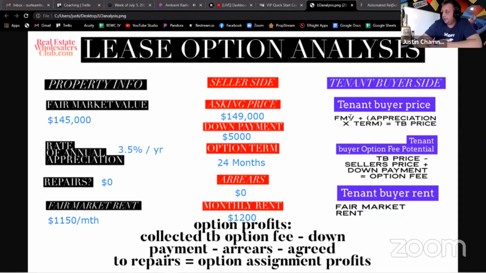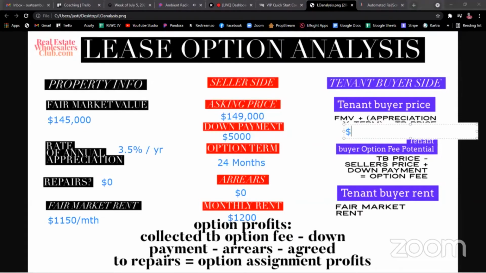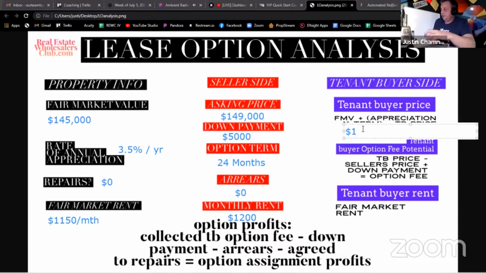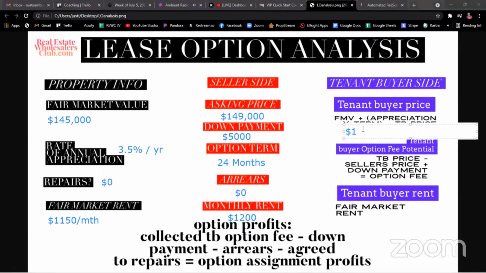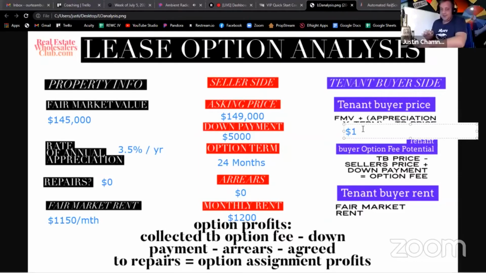145,000 plus 7%. Somebody do the math for me and help me out. What's 145,000, that's fair market value, plus 7%? What's that equal? 155. Like 150. Let me double check, y'all. 155, 150.